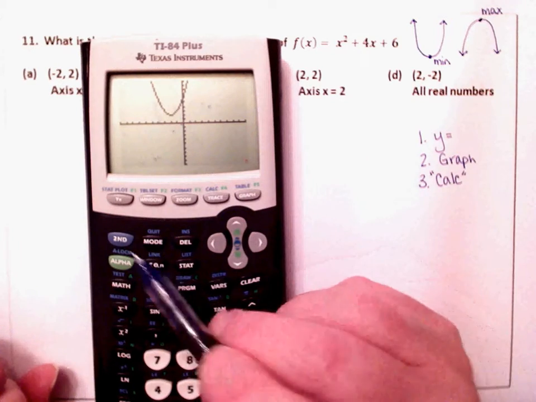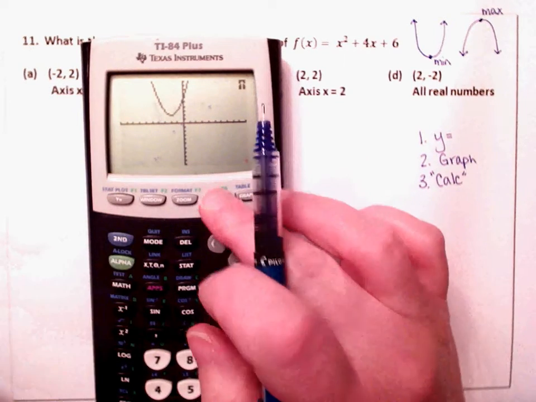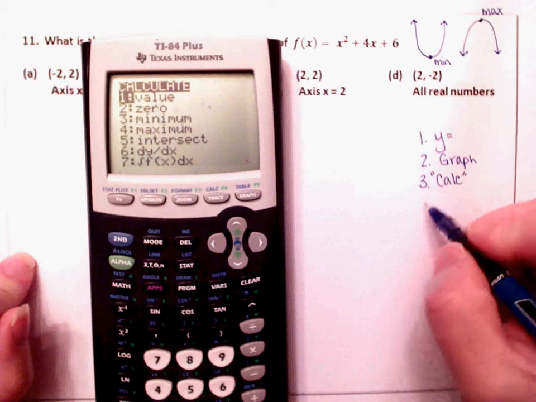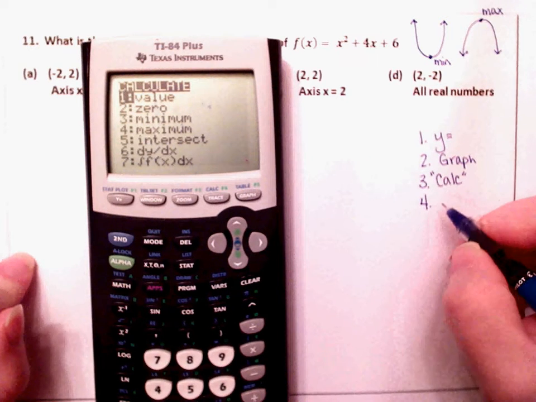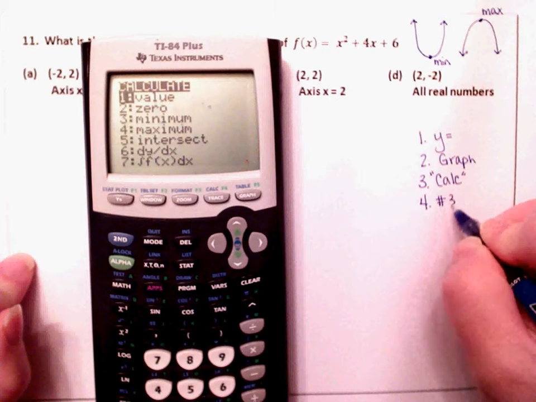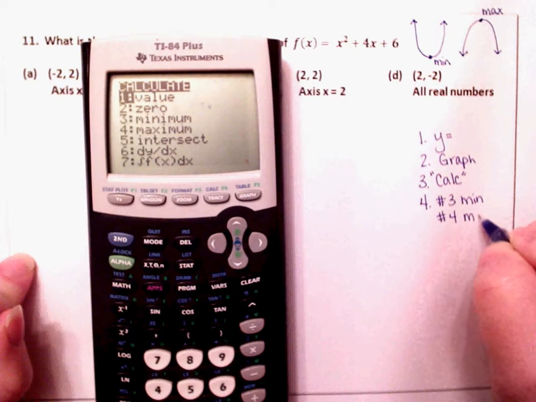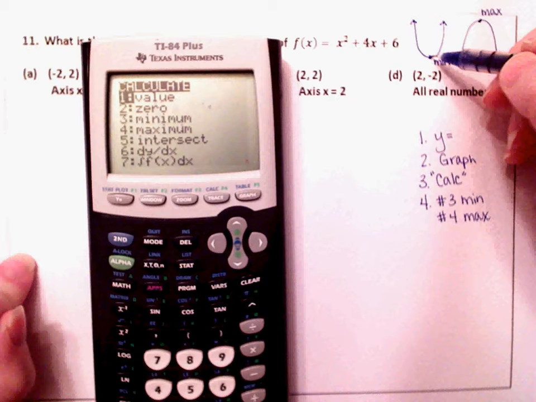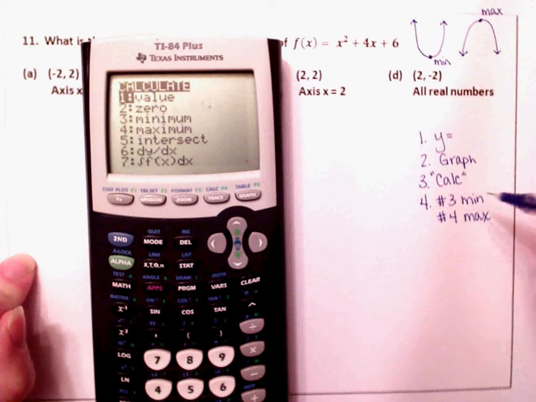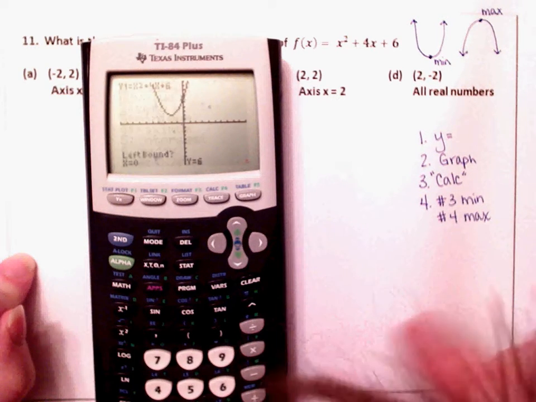To access it, we hit the second key and then Trace. On the Calc menu, you press number 3 if you have a minimum, or number 4 if you have a maximum. We already established that our vertex was at the bottom, so it's a minimum, so I'm just going to press the 3 on my calculator.